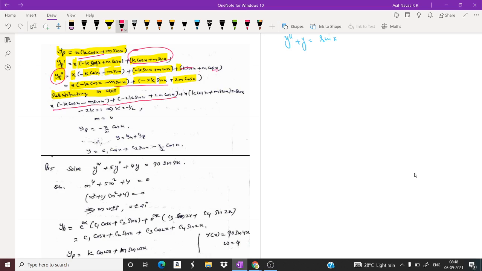We will substitute this plus x into cos x plus m sin x, which is equal to sin x.